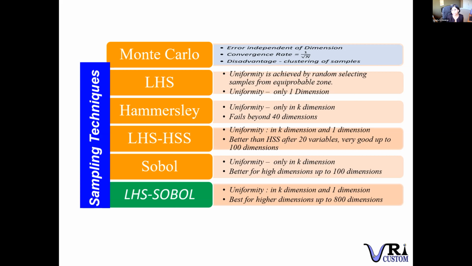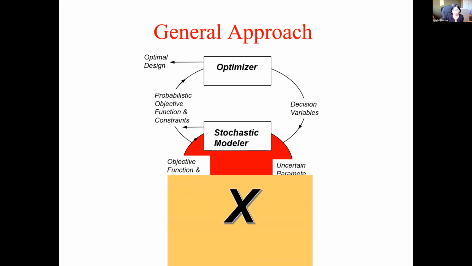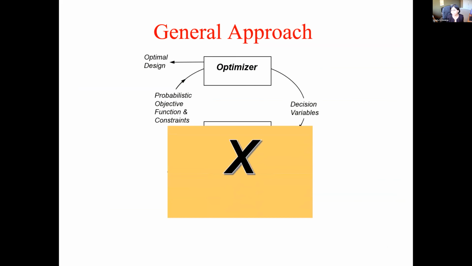And this sampling technique is orders of magnitude faster than Monte Carlo or Latin hypercube sampling. The other thing we do is that only in the first iteration do we use sampling, and the whole loop of modeling and sampling is eliminated in the successive iterations. So it becomes very fast.